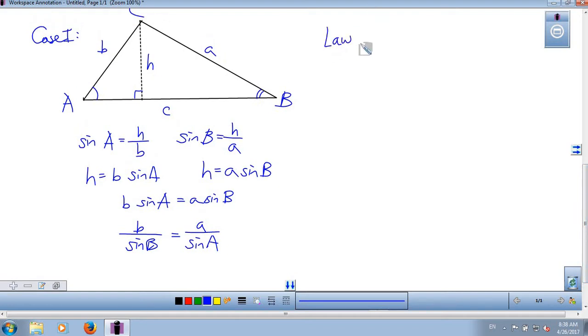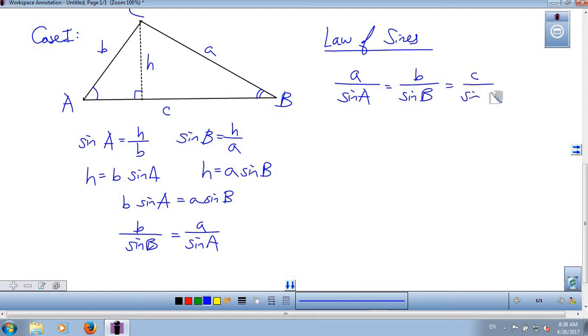So the law of sines, I'm sorry, I said cosine, law of sines is this. In any oblique triangle, side A over sine angle A is equal to side B over sine angle B is equal to side C over sine angle C. Those angles are the opposite angles.